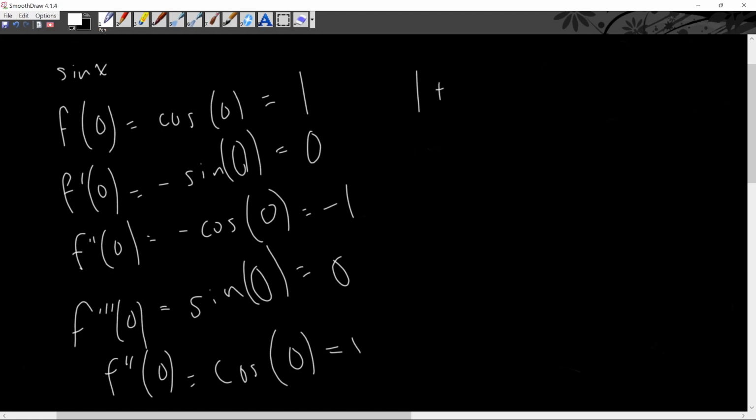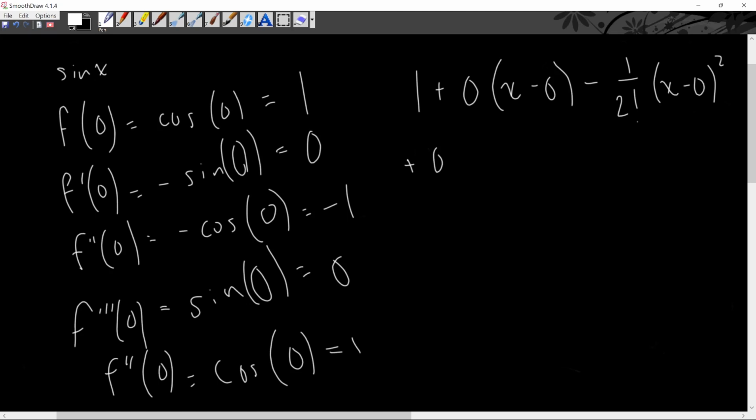We have f prime 0, so that's times x minus 0, plus minus 1 over 2 factorial times x minus 0 squared, and then plus 0. Wait, I'm not sure if this is correct.